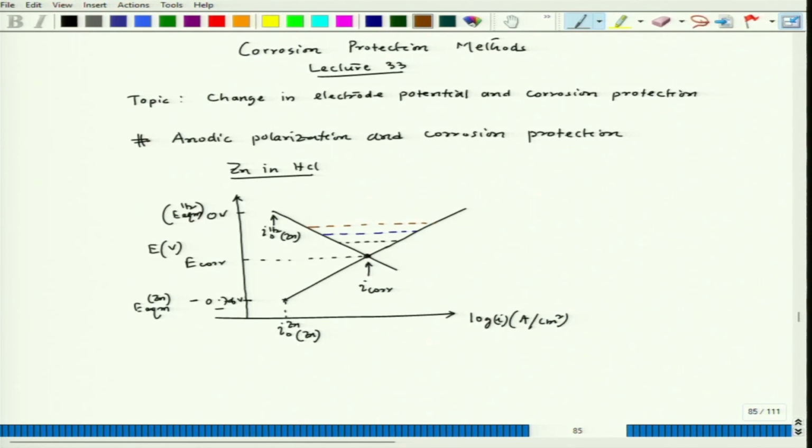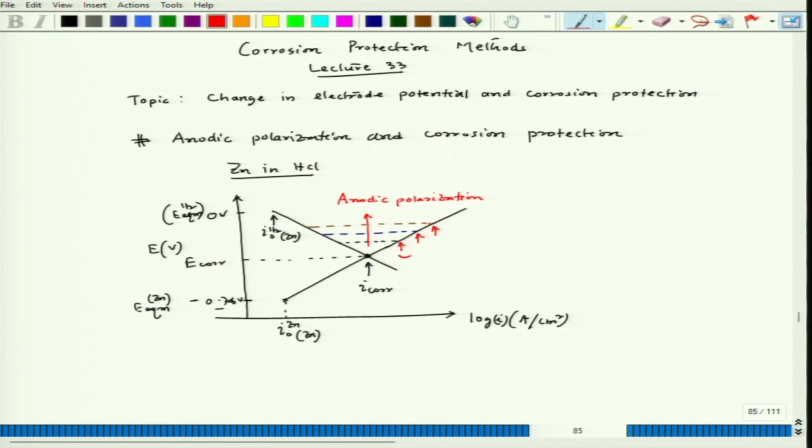Since zinc maintains its active behavior, as per the Tafel equation it goes on dissolving as we go in the positive direction of polarization. So this is anodic polarization. We see the dissolution rate corresponding to IA.